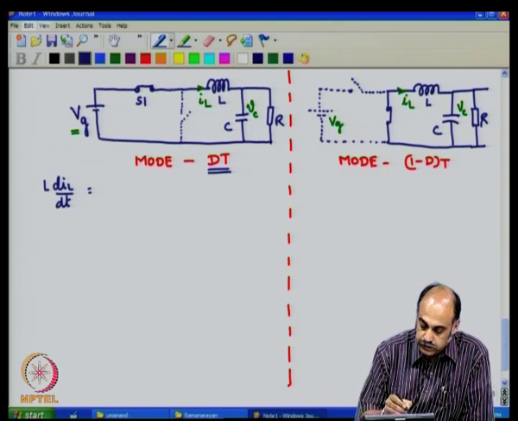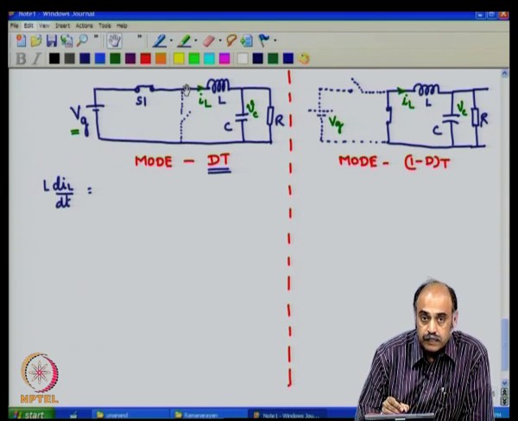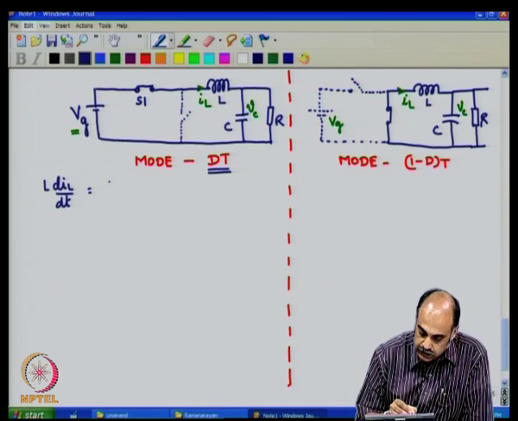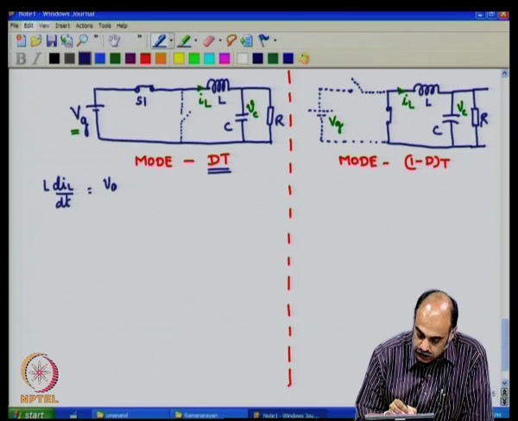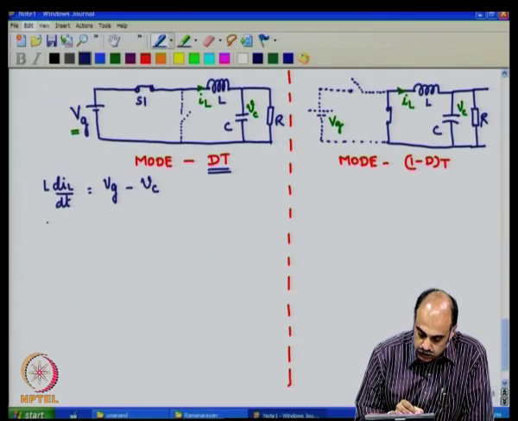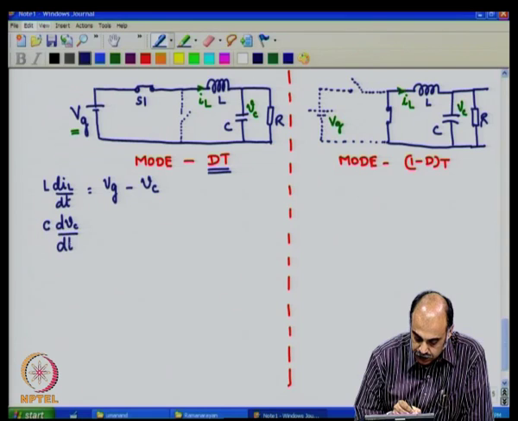The voltage at this point is nothing but Vg, and the voltage at this point is nothing but Vc. So, the voltage across the inductor is nothing but Vg minus Vc. Then the next equation, dVc by dt, we will do the simplification later.